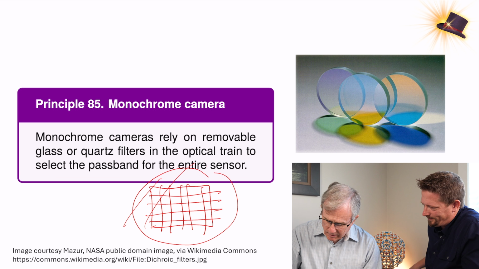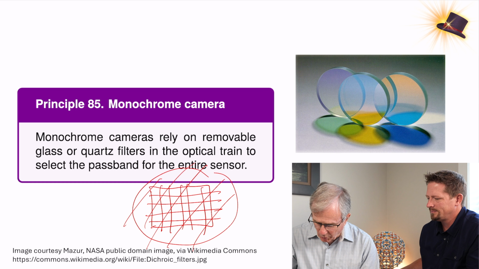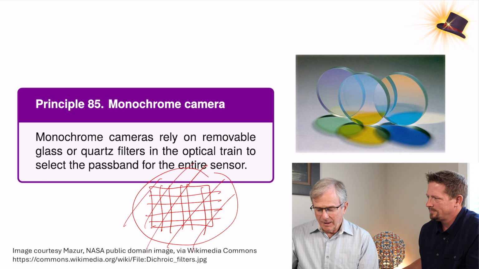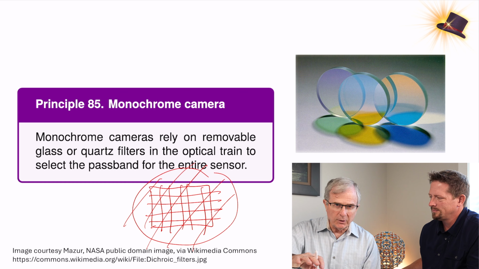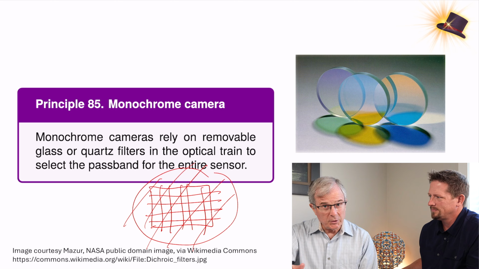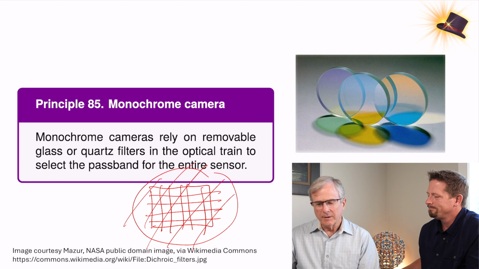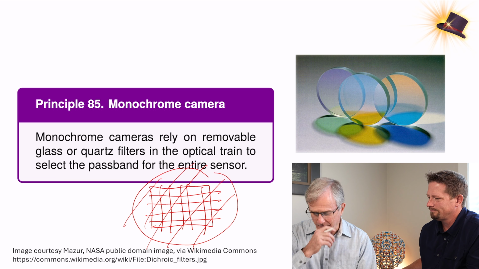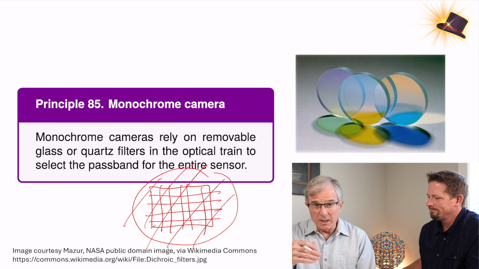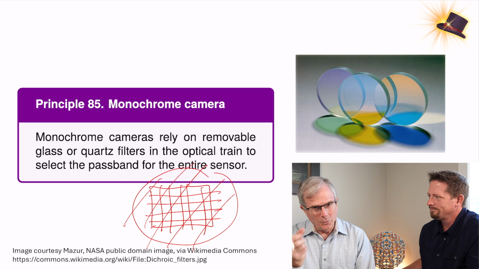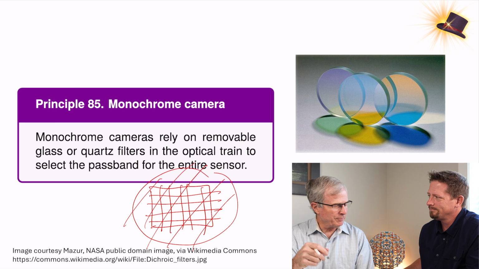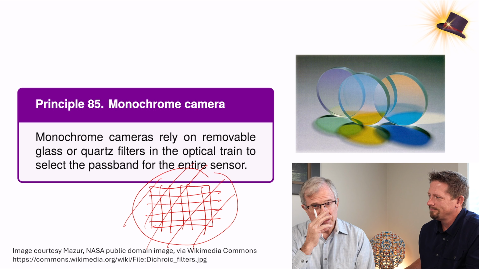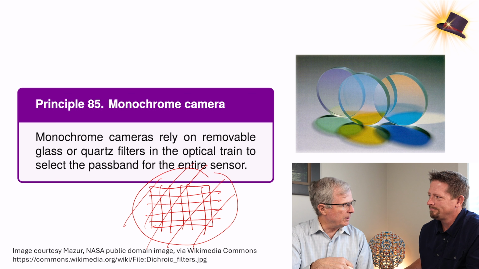So you're going to put, say, a red filter over the whole thing, and while you're shooting with that red filter, you're going to capture the red photons for all of the pixels. Then you're going to put a blue filter in front of it, and then a green filter in front of it. And then in post-processing, you have 3 monochrome images, one measuring the amount of red in each pixel, one the amount of blue, and one the green, and you combine those together to form a color image.